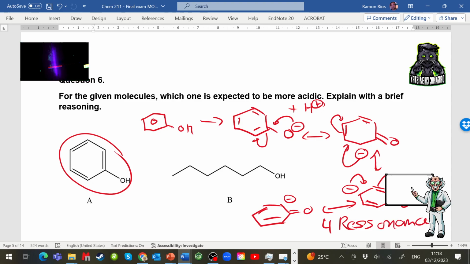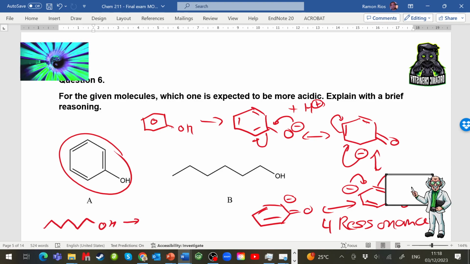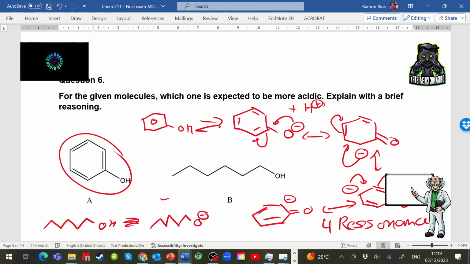Okay, while if I do exactly the same for the alcohol, what I get is the conjugate base plus the proton, but this conjugate base cannot have any resonance form.